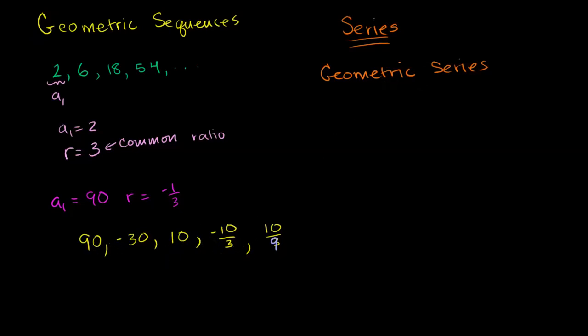A geometric series would be 90 plus -30 plus 10 plus -10/3 plus 10/9. So a general way to view it is that a series is the sum of a sequence. I just want to make that clear because that used to confuse me a lot when I first learned about these things. But anyway, let's go back to the notion of a geometric sequence and actually do a word problem that deals with one of these.